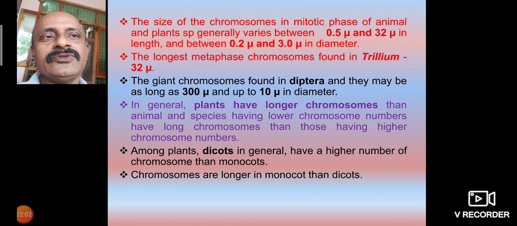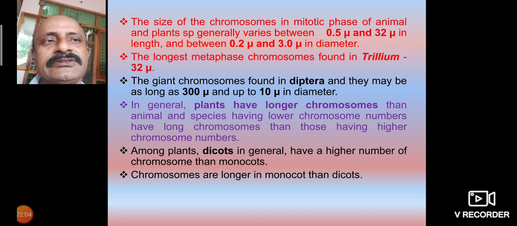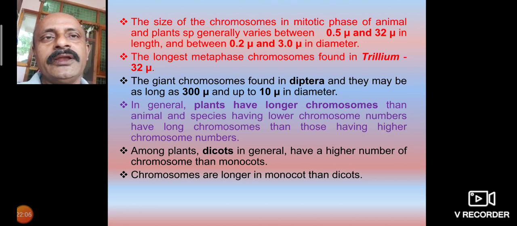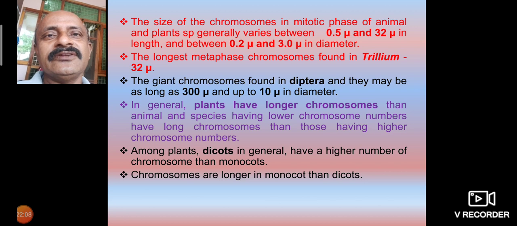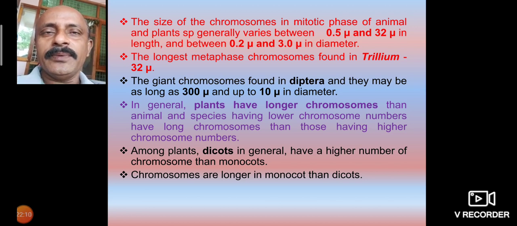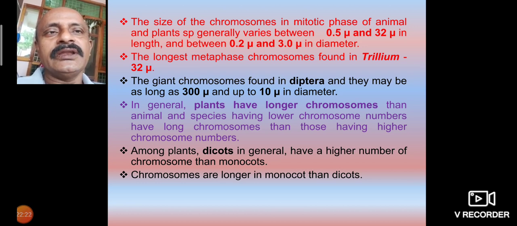The size of the chromosome in mitotic phase in animal and plant species generally varies. In animals and plants the sizes are also different: between 0.5 micron and 32 microns in length, and between 0.2 micron and 3.0 microns in diameter.